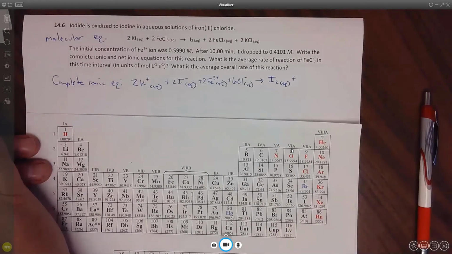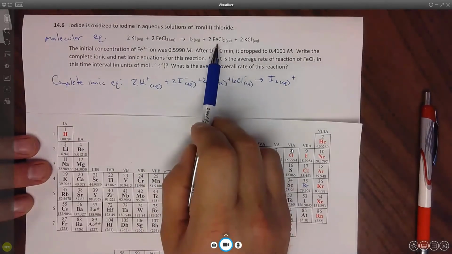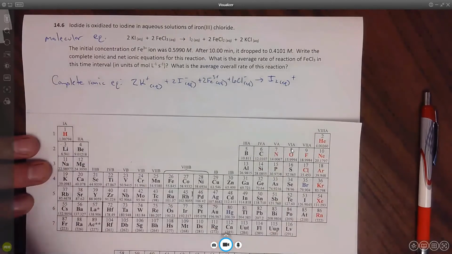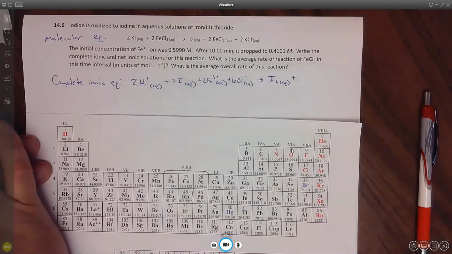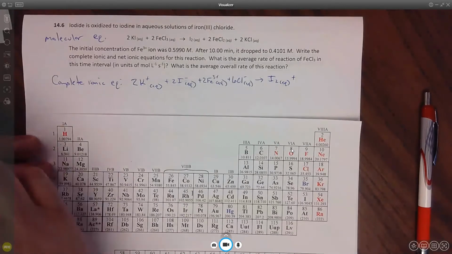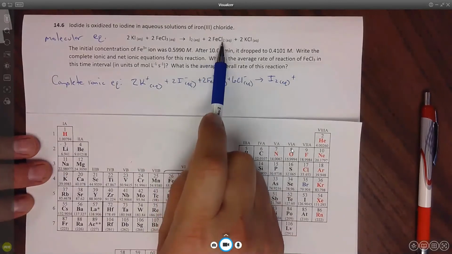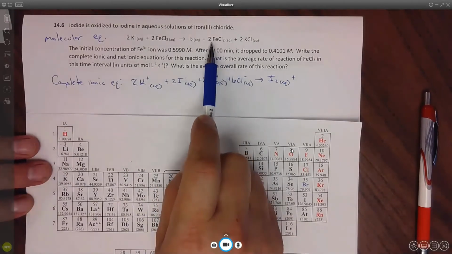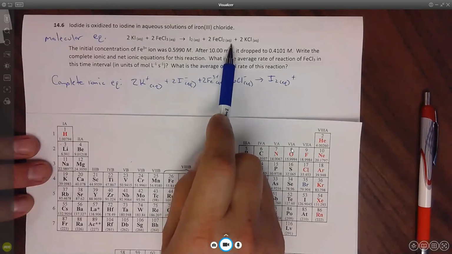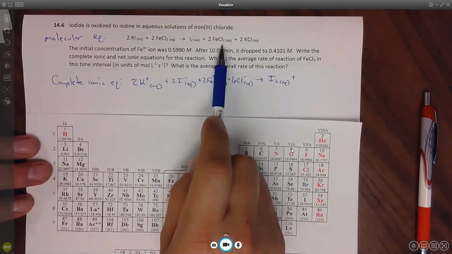Taylor, what do you think about iron 2 chloride? Is it a strong electrolyte? Yes. We just went over those rules. It's a metal and a non-metal. It's not an acid, no H's, not a hydroxide, no OHs. It's not a metal oxide, doesn't even contain oxygen.